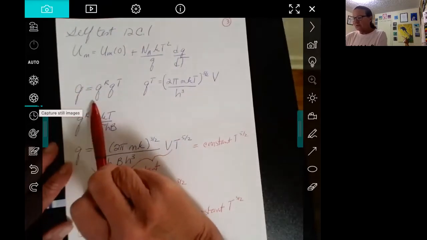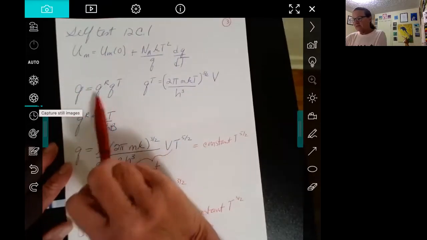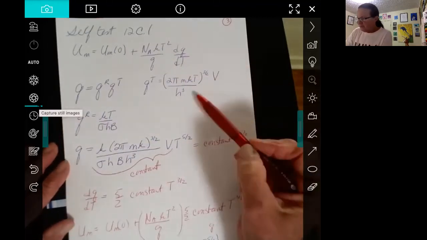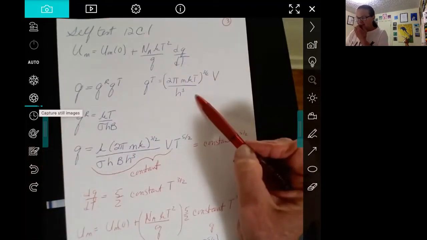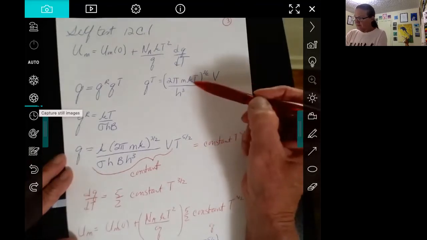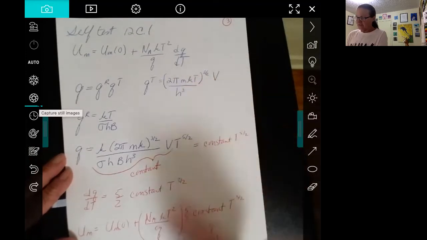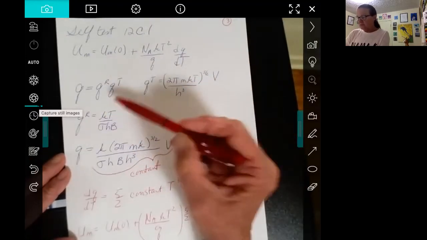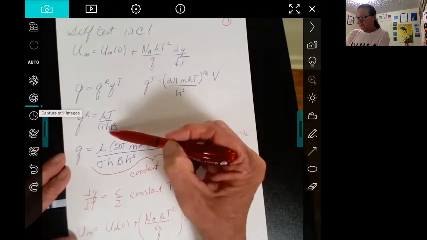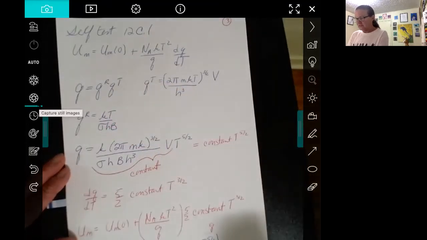And the total q is q_R times q_T, the rotational partition function times the translational. The translational partition function, we learned about in the last topic. It's this set of terms: the volume, the temperature, Boltzmann's constant, mass, Planck's constant. The rotational partition function was kT over the symmetry number, Planck's constant, the rotational constant.